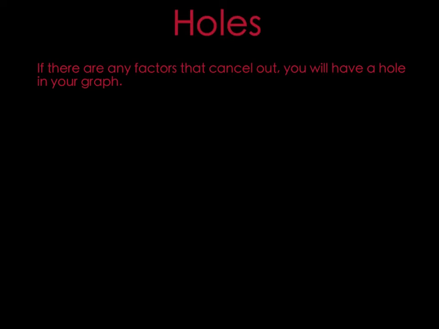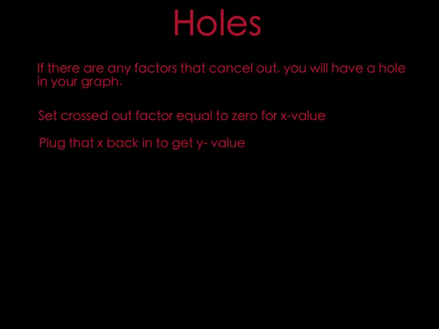So we're going to factor, and then if any of your factors cross out, you're going to graph your function based on the simplified version, except you're going to take the part that you crossed out and set it equal to 0 to figure out the x value of your hole. And then you'll take that x value and plug it into your simplified fraction to get the y value of your hole. And once again, we will practice that in a little bit.